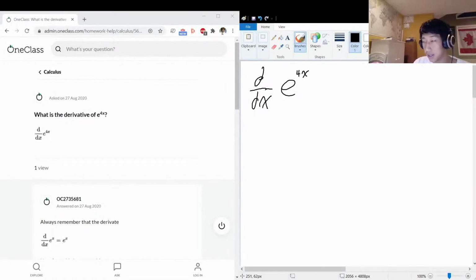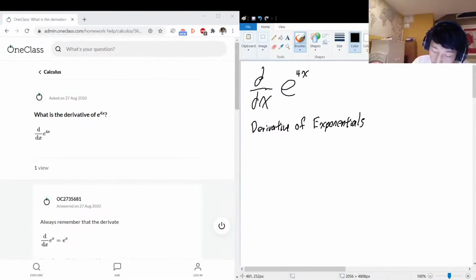Let's get the equation for the derivative of exponentials. So here we got, let's just do the general form. d over dx of base to the power of some function of x.